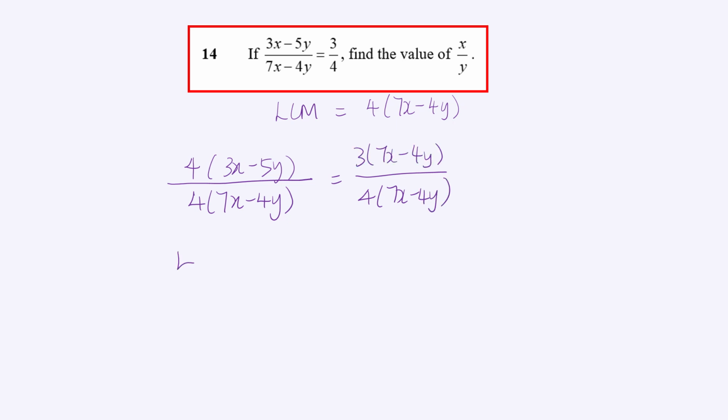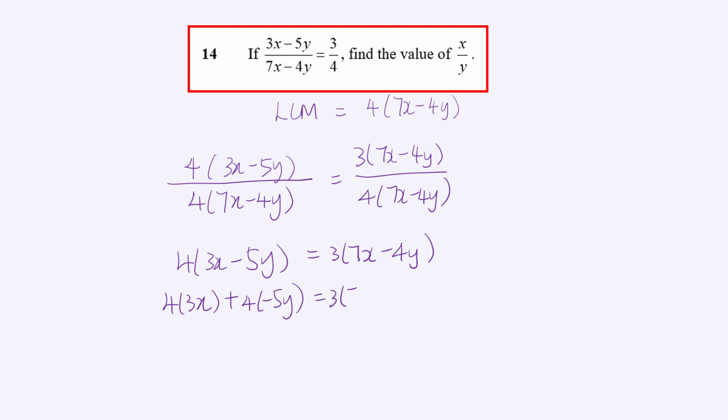Okay, so now let's compare your numerator. Right, let's expand it. Now we should. You and I are expert already in expansion. See? Expert already. Can do so fast. All right.